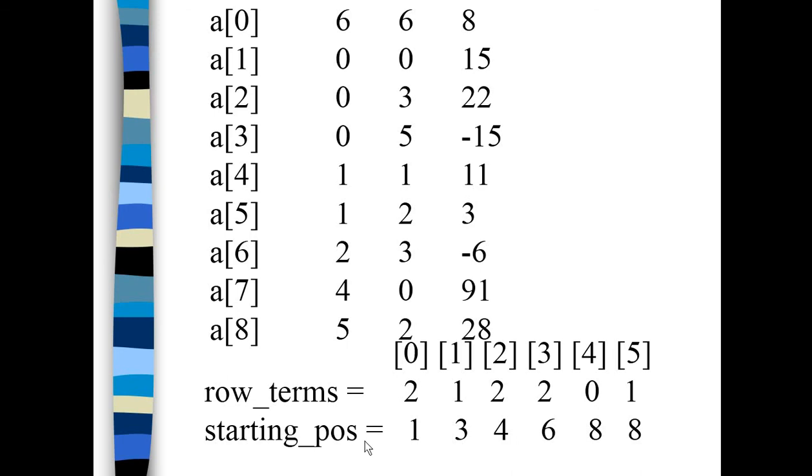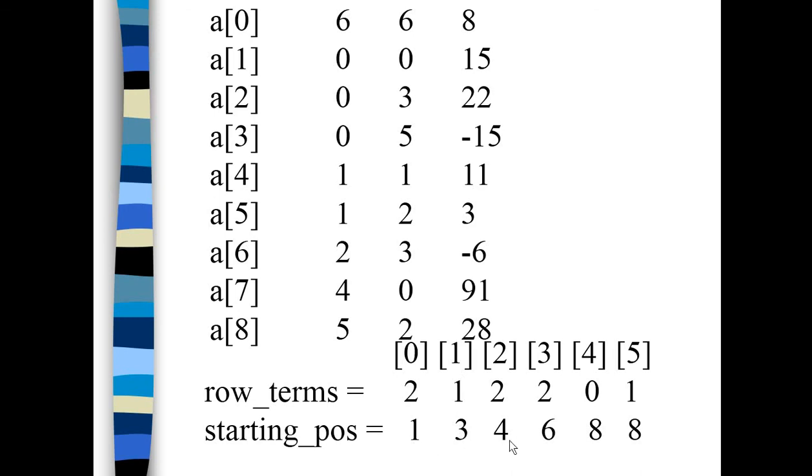In the sparse matrix, in the 0th row we will have the number of rows, number of columns, and the non-zero elements. So the first row will start from 1. Then in the second row, the first row's elements will be there. After that, 1 plus 2, if you add, we get 3. So the first row here will start from the third location of the sparse matrix.